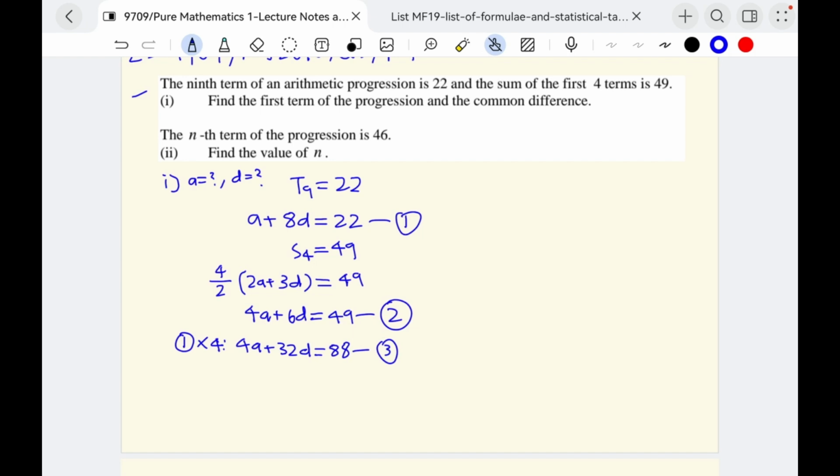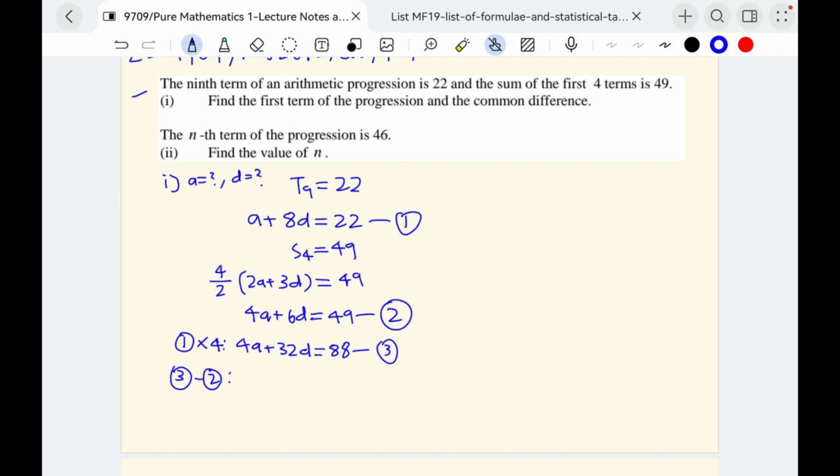So this question does not matter the order of finding the common difference and the first term, as long as both the first term and common difference are found. So yeah, take the third equation minus the second equation.